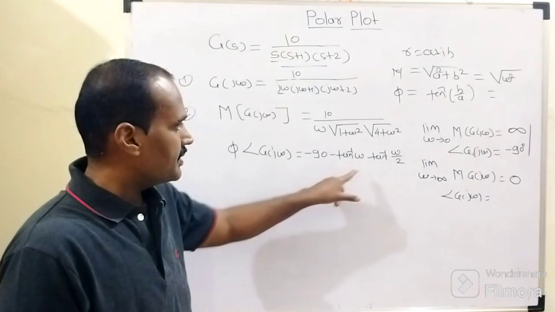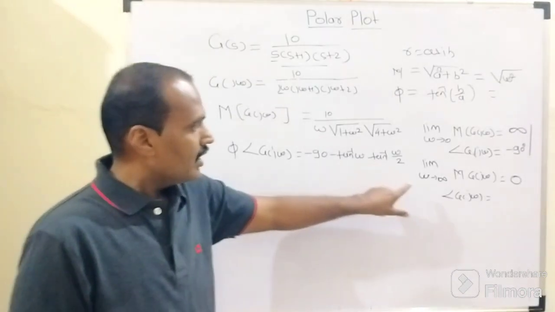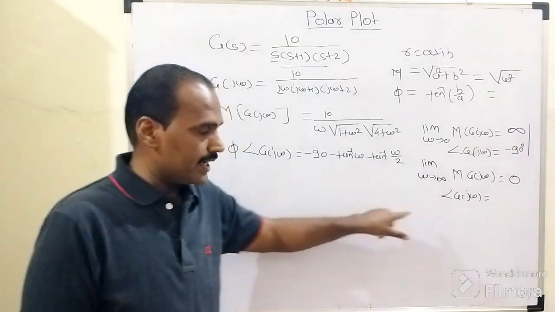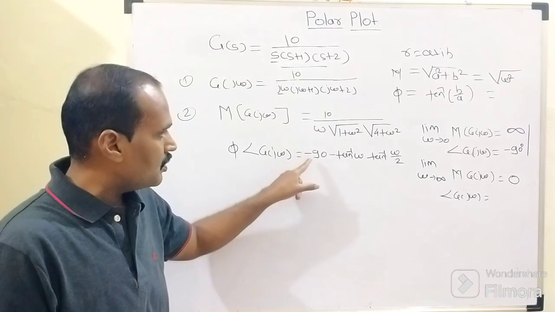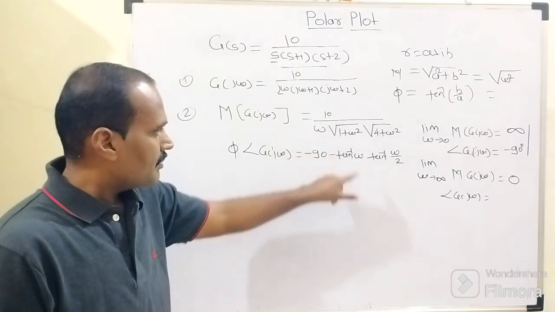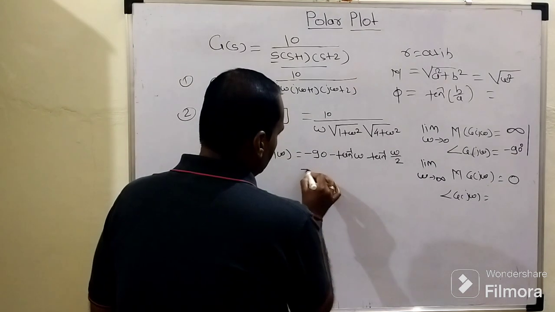At the same time, what will be the phase angle for this given control system when omega tends to infinity, right? According to the definition of phase angle, it equals minus 90 degrees minus tan inverse of omega minus tan inverse of omega by 2.